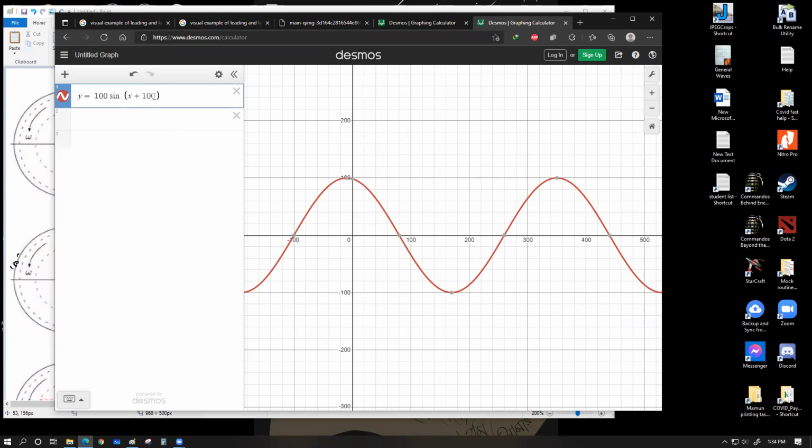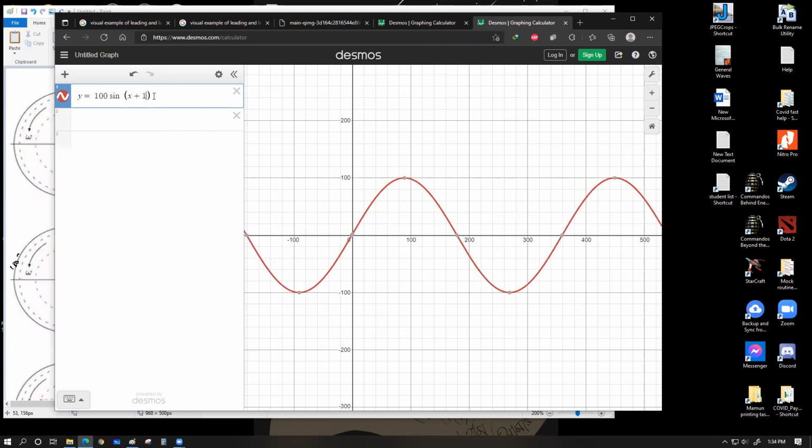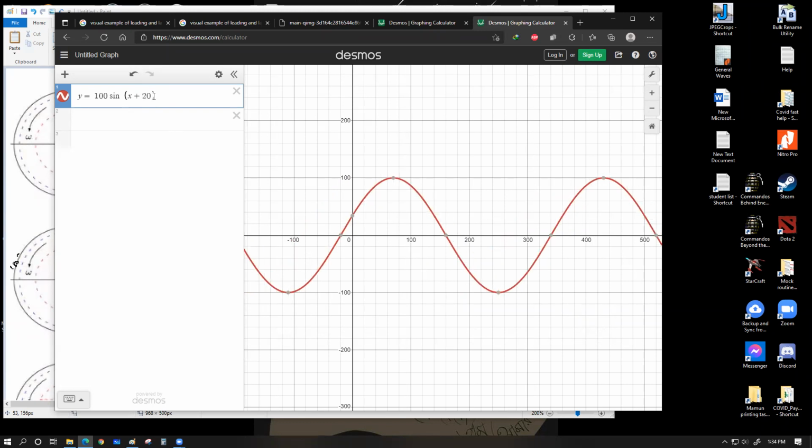If I write 20, you have this much left movement. If I write 30, you have a bit more left movement. So the bigger the angle that you write, the more the wave moves to the left. It means that this wave is leading. Having a plus addition with the graph means this was a leading wave.